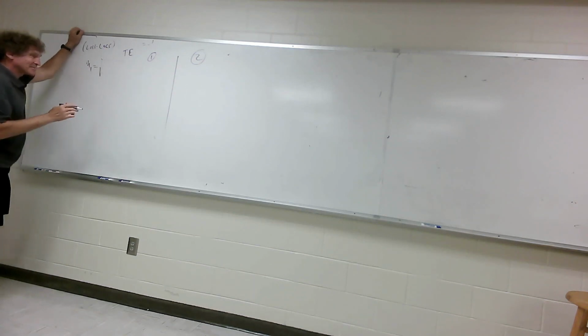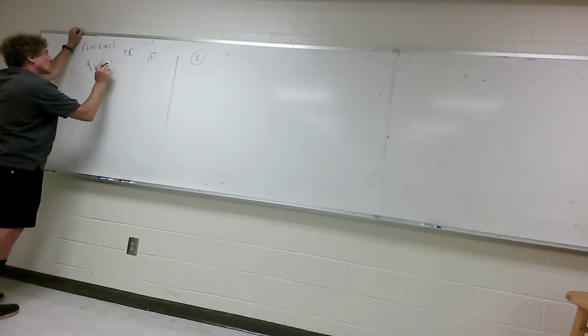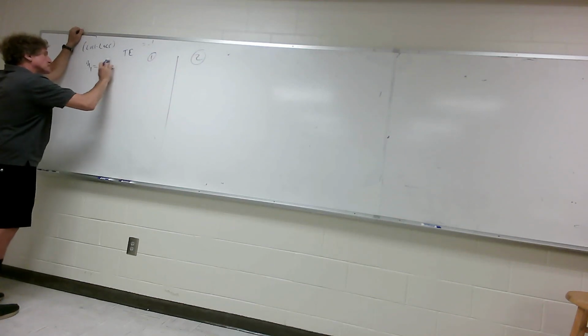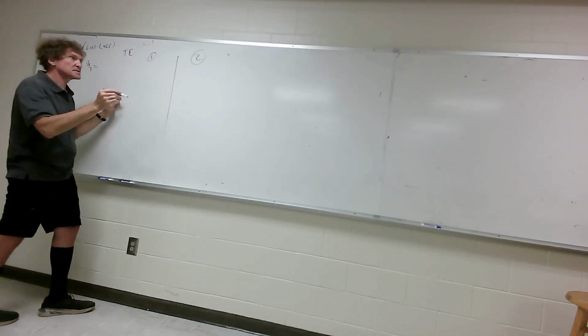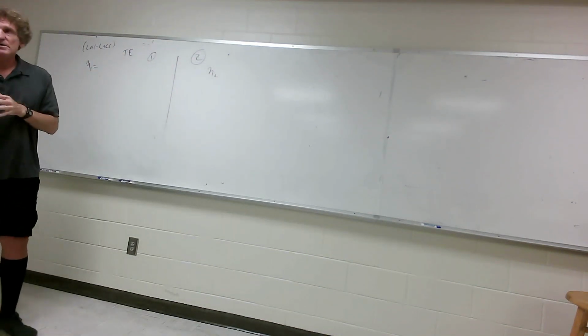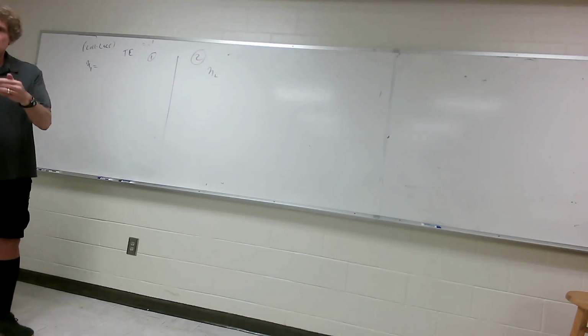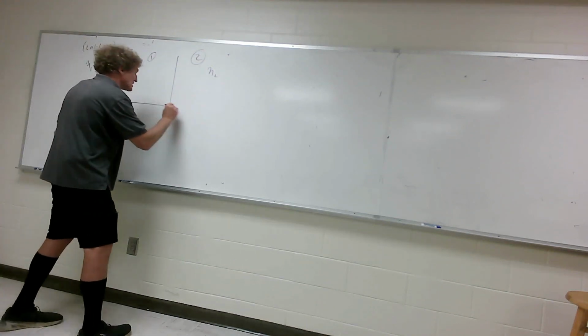We could do lossy, but it would be a little more difficult. I'll just leave it as η1. You know the formula. And this is η2. I'm using lossless because if we do the lossy case, it's going to get mathematically a little more tedious. And this is the one that's typically done in Whitmer's book.